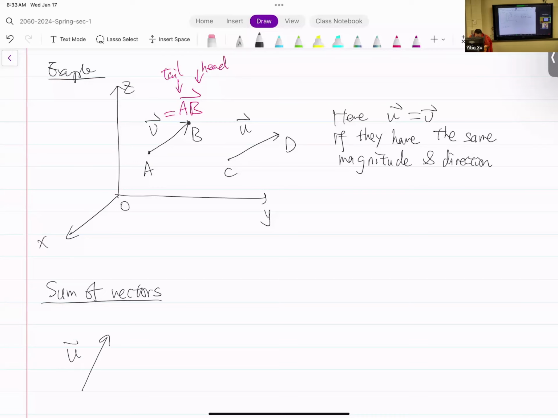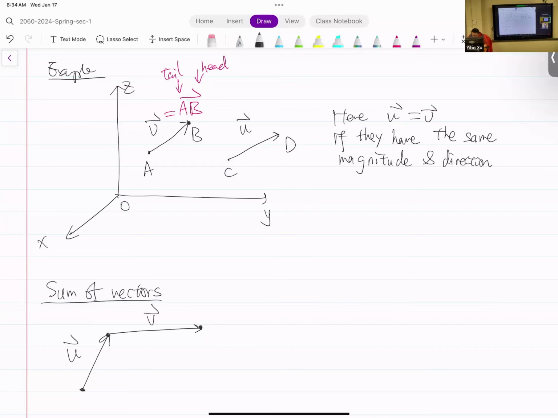So let's say this is the vector U. So the tail and the head of U is like this. For another vector V, we can stack the tail of V at the head of U. Namely, I'm now starting from the head of U, and then we're ending at another point. So this is the vector V.